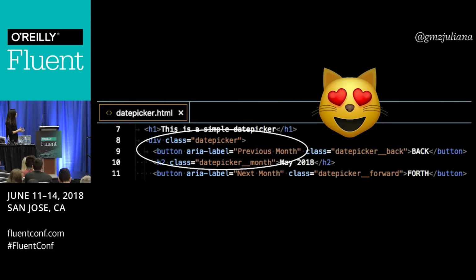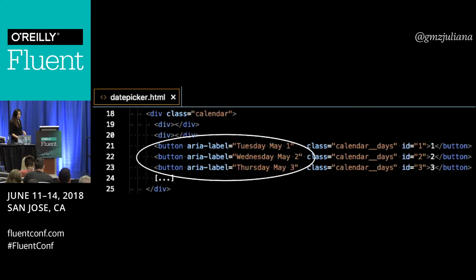So this is a date picker, and it's using divs, but inside the divs it's using buttons, it's using appropriate headers, it's got labels for the buttons, so here it's an aria-label. An important thing to include with date pickers is I recommend coding the buttons for each individual day as buttons, and then adding aria-labels to read out three things: the day of the week, the month, and the day.